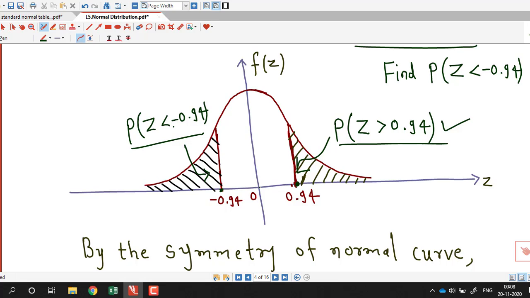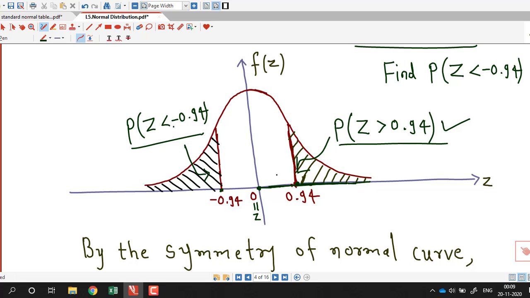Now if you observe, the area to the left of z equal to 0 is 0.5. So the total area under the standard normal curve to the right of z equal to 0 is 0.5.